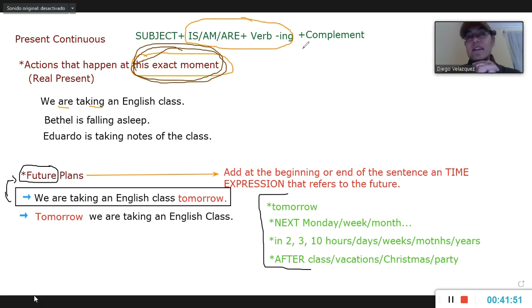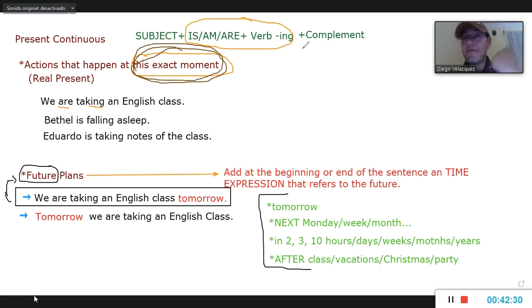Now, the point in here, children, as I just mentioned at the very beginning of the class, is that I know you checked the present simple in basic 1 and basic 2, and the present continuous in basic 3. But now, guys, the point is that you are going to work with the present simple and the present continuous at the same time. This time you need to be very observant of the sentence or sentences and decide if the sentence is referring to a routine or to an action in this moment.